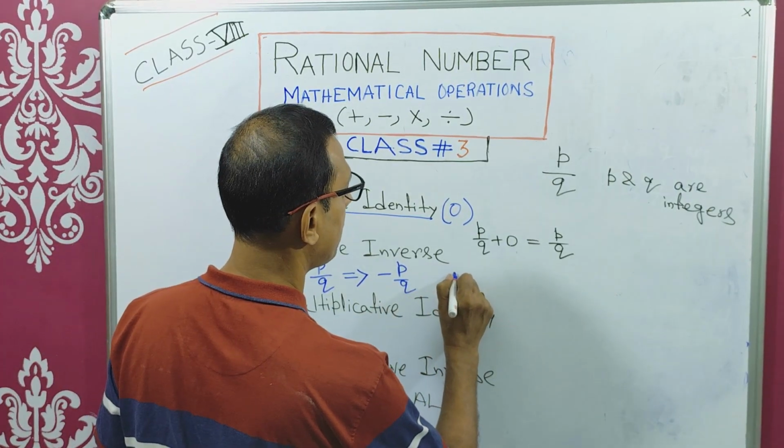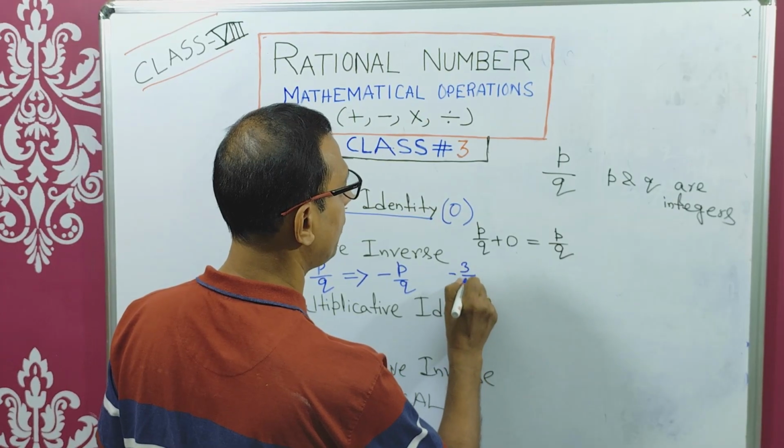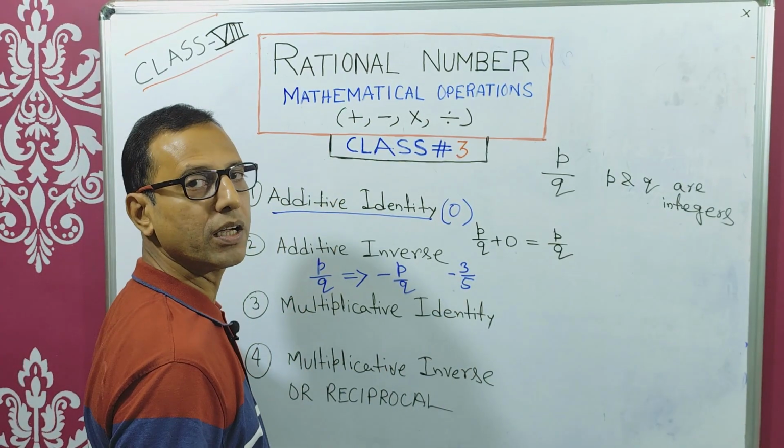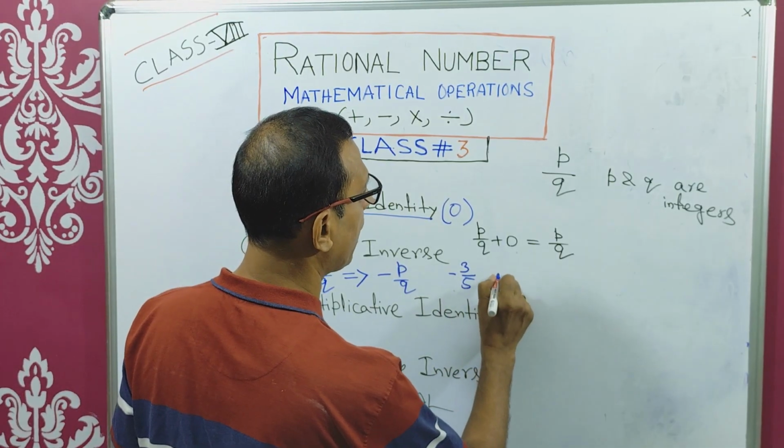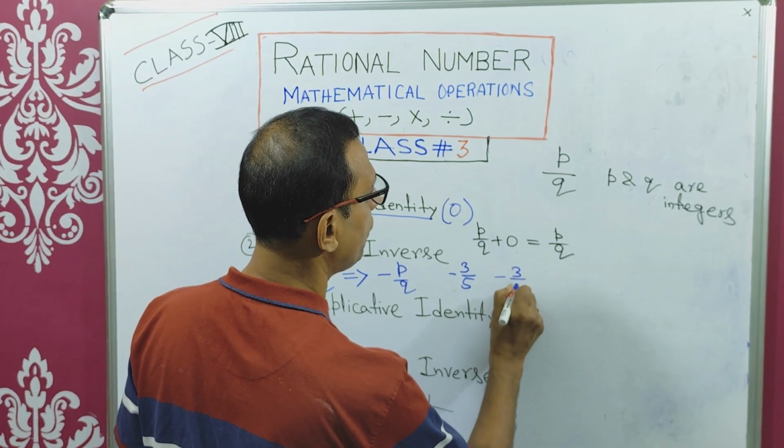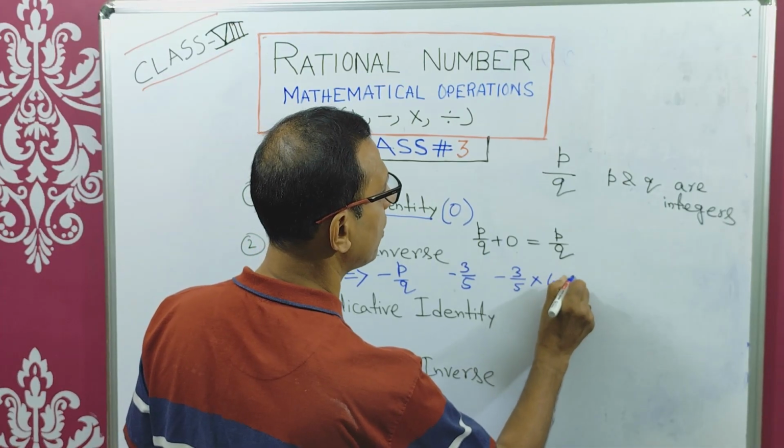Let's say minus 3 by 5. If you are asked to find the additive inverse of minus 3 by 5, you need to multiply minus 3 by 5 with -1.